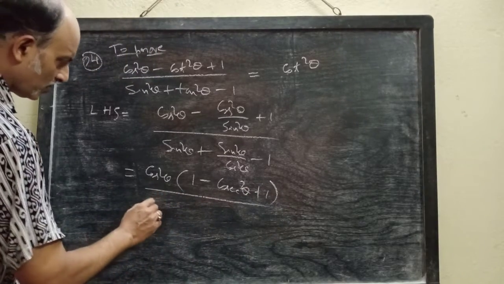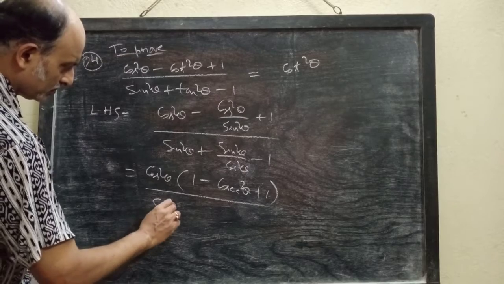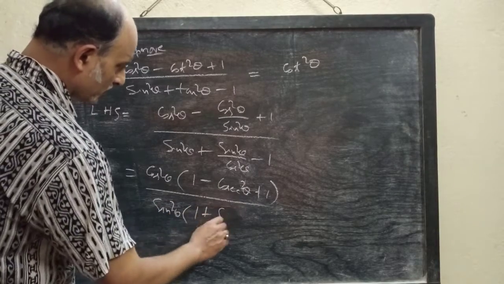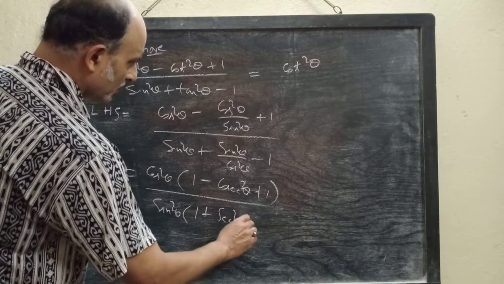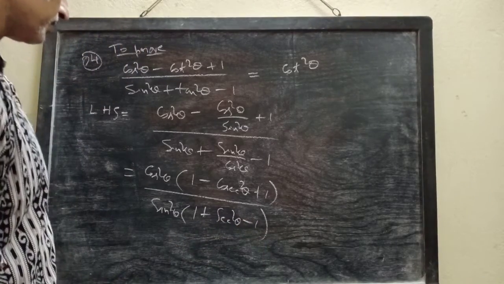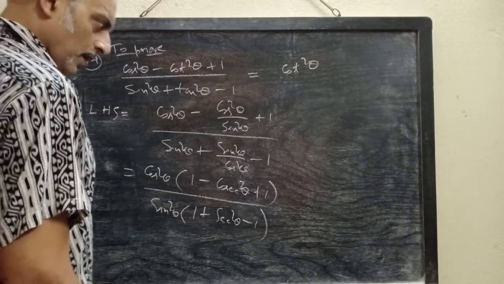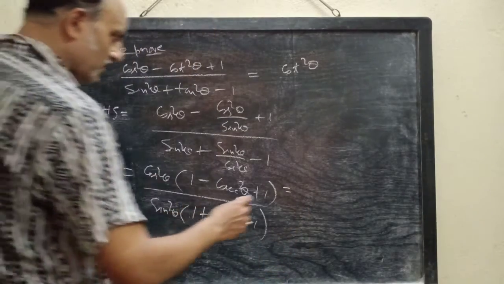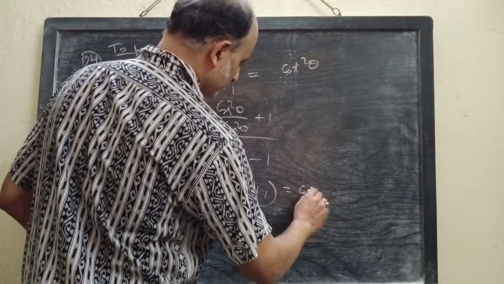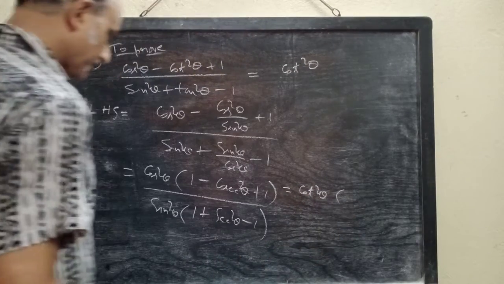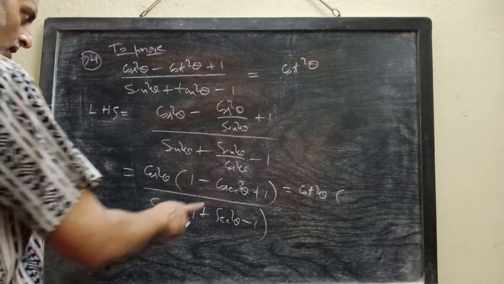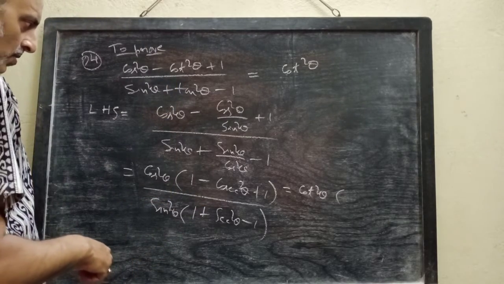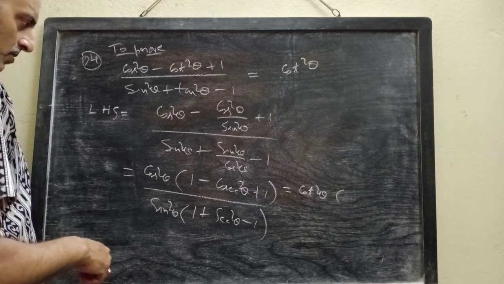Take sin squared theta common. You get 1 plus 1 by cos squared, that means sec squared theta, minus 1. So you get cos square by sin square, that is cos square. Next, cosec square theta is 1 plus cos square theta.